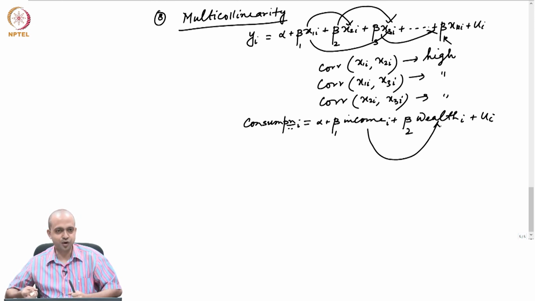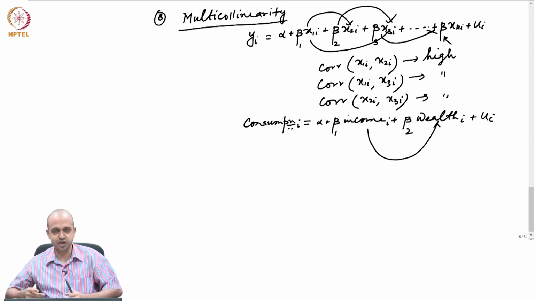Then assumption number 4 says that the covariance between xi and ui is 0, so xi is strictly exogenous in the model. Then number 5, there is no model misspecification, neither due to improper functional form nor due to inclusion of an irrelevant variable or exclusion of a relevant variable.